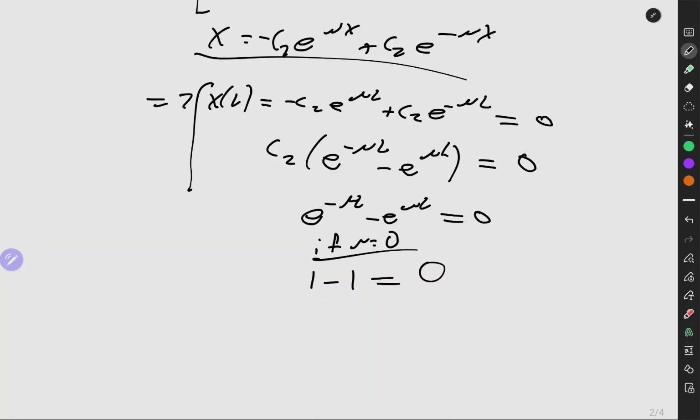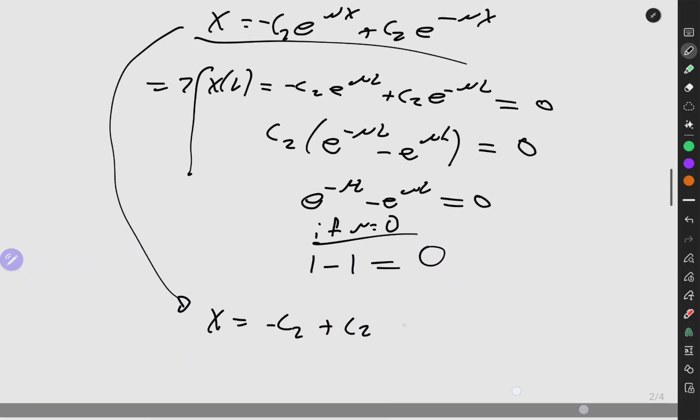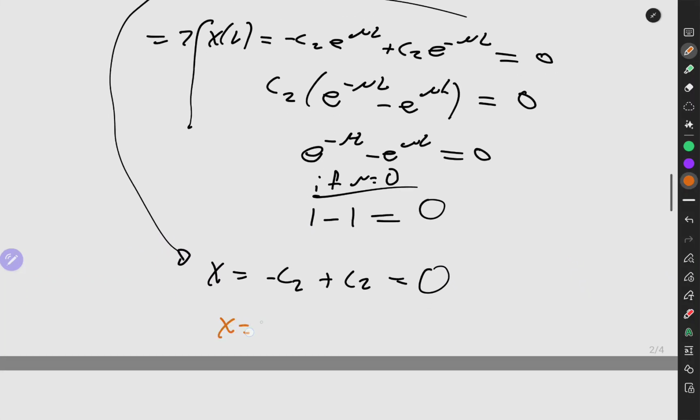So mu has to be 0. Right? If mu is 0, x is equal to negative C2 plus C2. This is coming from here. That's equal to 0. That means x is equal to 0.